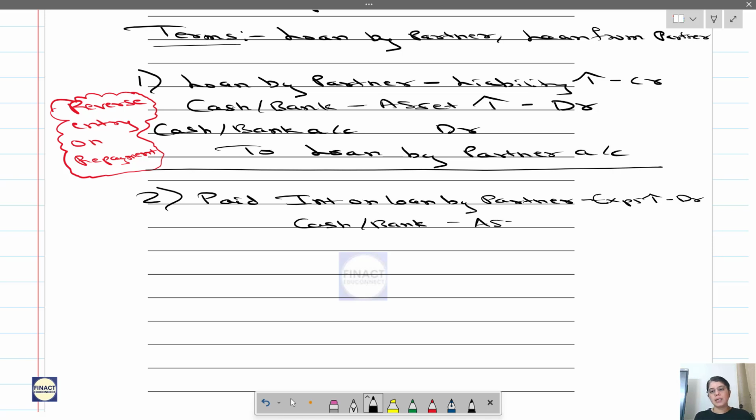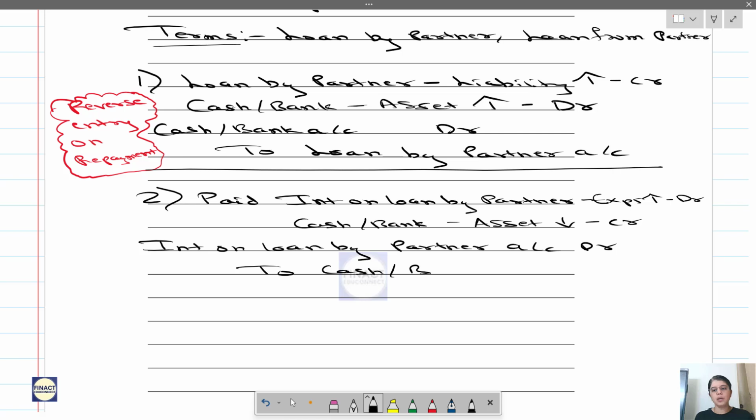Cash and bank is an asset. We are paying it, so the balance has come down, so credit. So the journal entry will be interest on loan by partner account debit to cash or bank account.